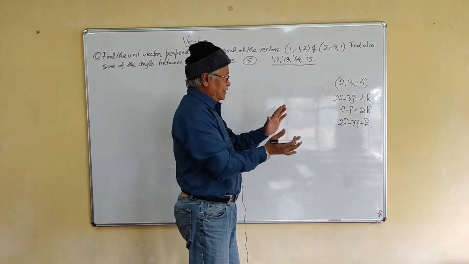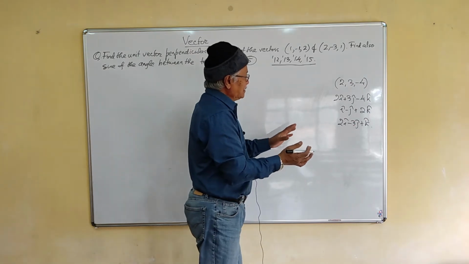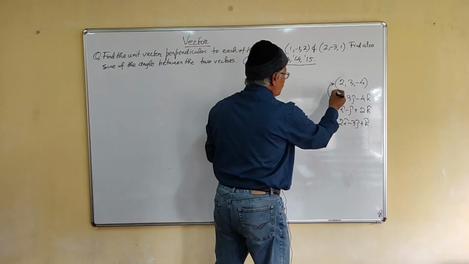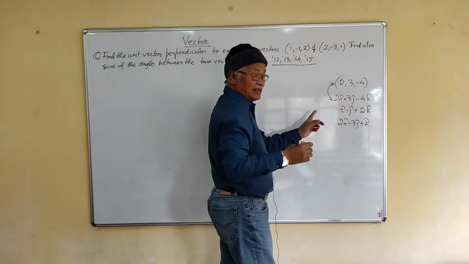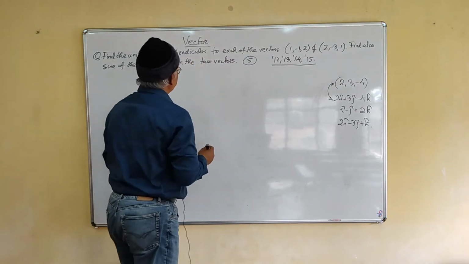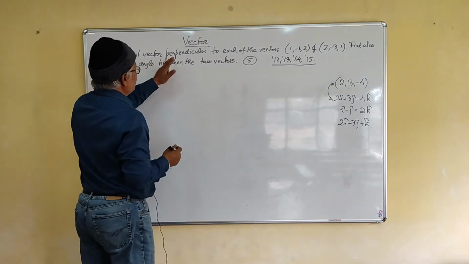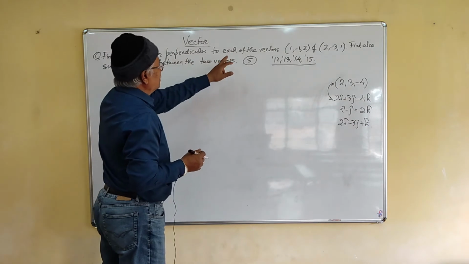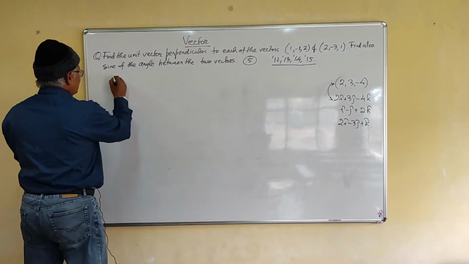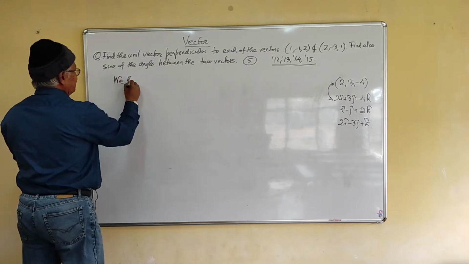And vice versa, this one could be written like this and this one like this, according to your need. Now you have to find the unit vector perpendicular to both the vectors.